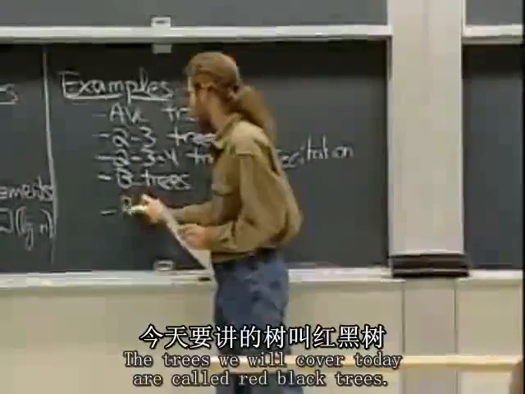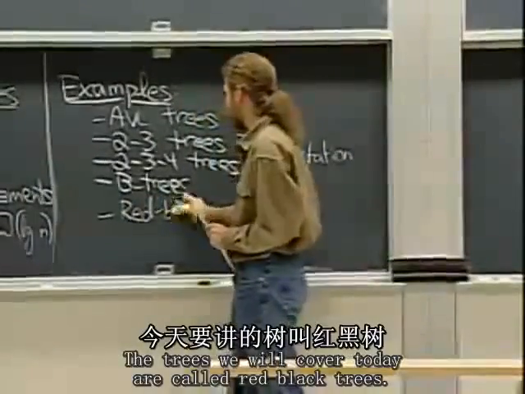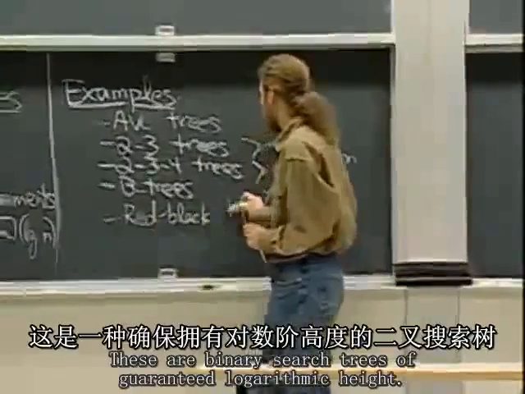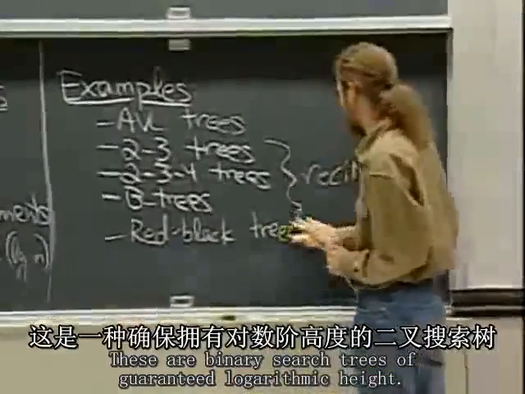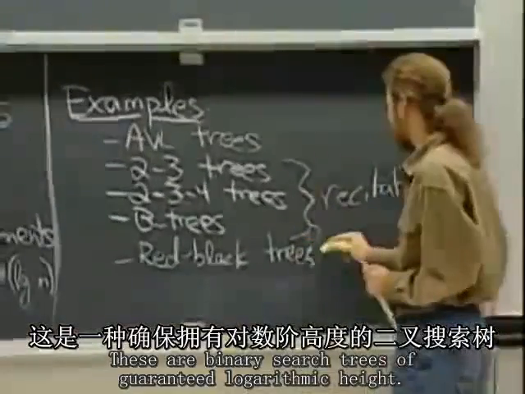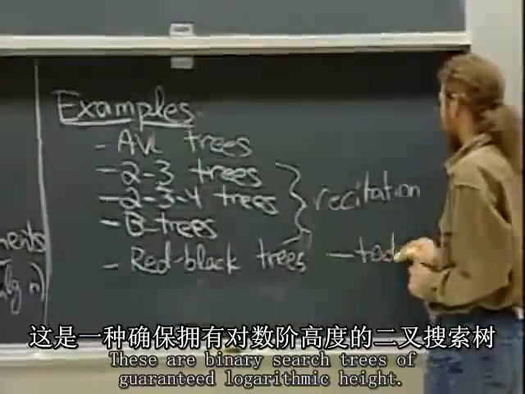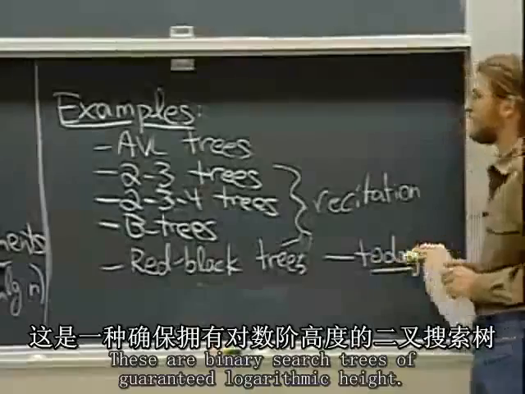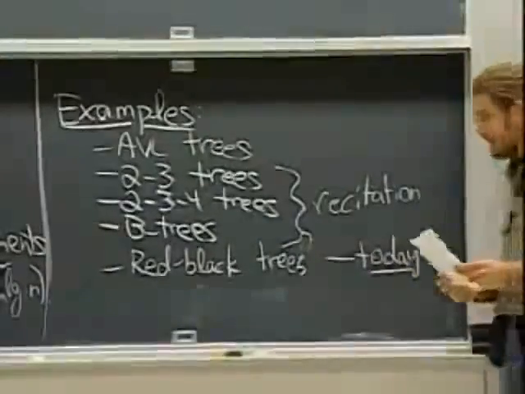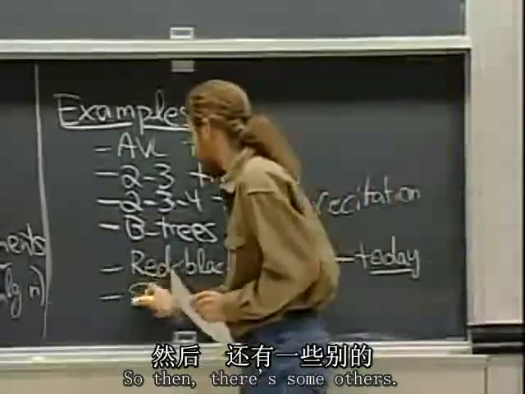The trees we'll cover today are called red-black trees. These are binary search trees of guaranteed logarithmic height. Then there's some others.